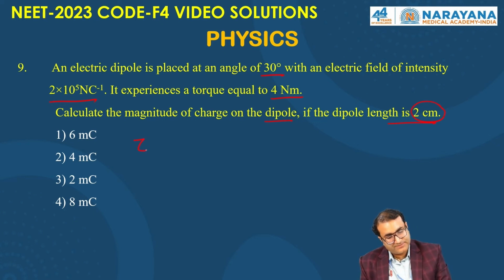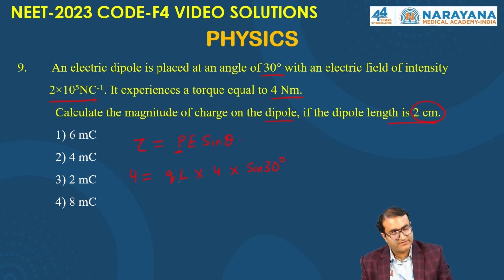So torque is p E sin theta. Torque is 4 Newton meter. Dipole moment, we can write as q into l. The electric field is given to us as 2 into 10 power 5, times sine of 30 degrees.